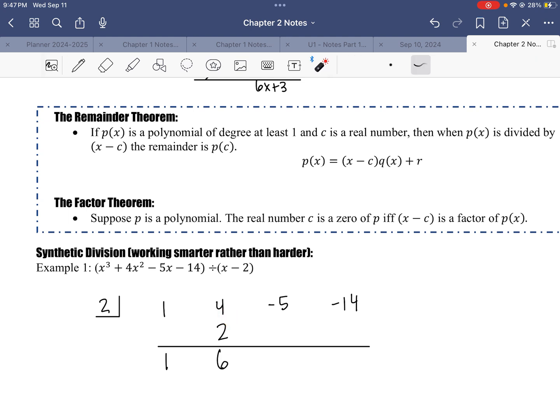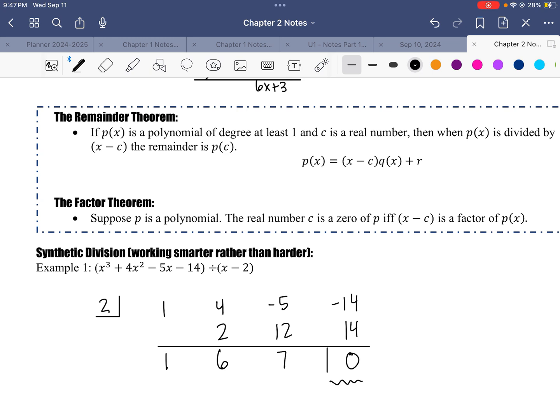And then we repeat. We do 6 times 2 and put the answer here. Then we add down. Negative 5 plus 12 is 7. Then we do 2 times 7 and put the result here. And negative 14 plus 14 is 0. Now, this last number is always your remainder. If you get a 0 there, it means that it divided evenly.